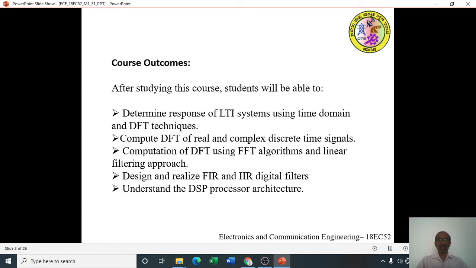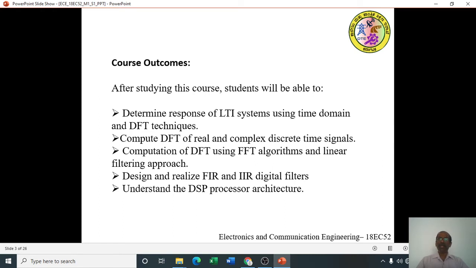At the end of this course, the students will have a knowledge of output of LTI system using time domain and transform domain techniques, how do they implement them, different properties of DFT, computing DFT of real and complex sequences, sketching magnitude and phase plot, computing complexity of DFT, that is number of complex multiplications, real multiplications, complex additions.